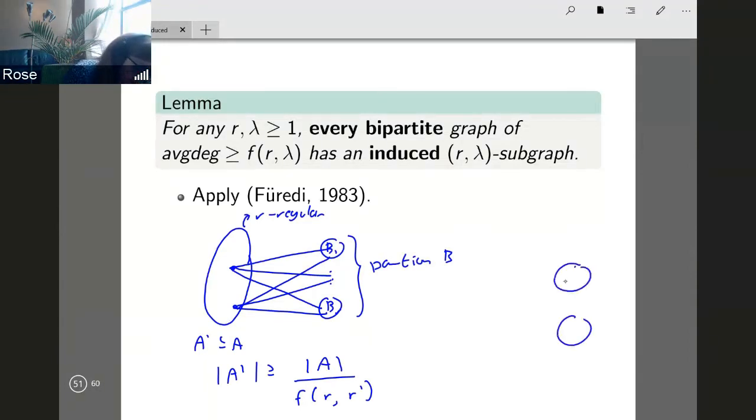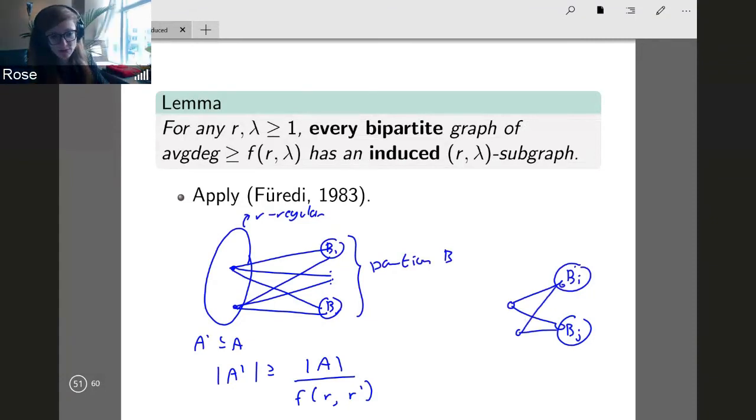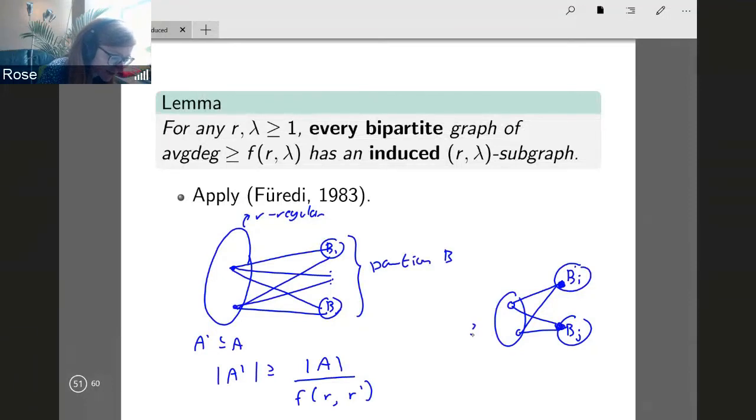That Ramsey type condition says that if you look at any B_i and B_j, if you get a 4-cycle from B_i and B_j, that is, if you have this as a subgraph, then in fact every vertex of B_i and every vertex of B_j actually have a lot of common neighbors. They have at least R prime common neighbors. So if I look at another vertex in B_i, it also has a lot of common neighbors, right? They might not all be the same.